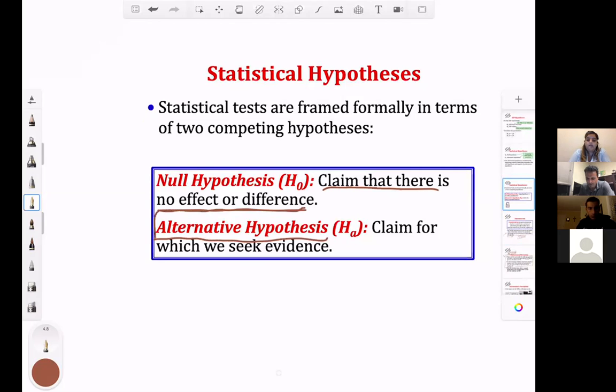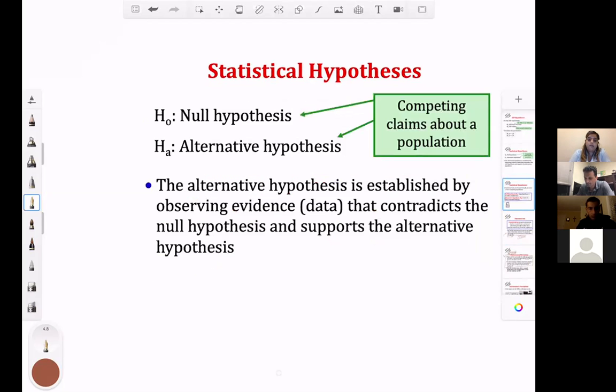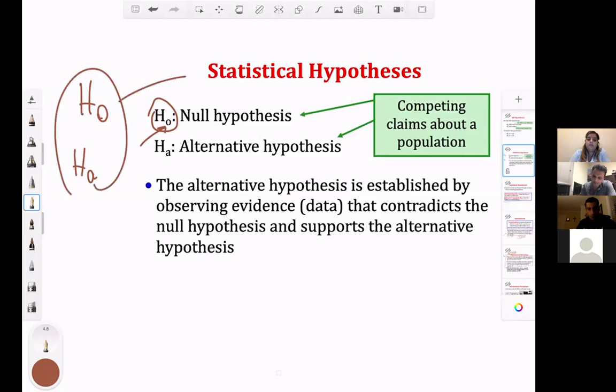For us, we are looking for this one. Usually we write H0 for the null hypothesis and HA for the alternative hypothesis. Both of them talk about the population.